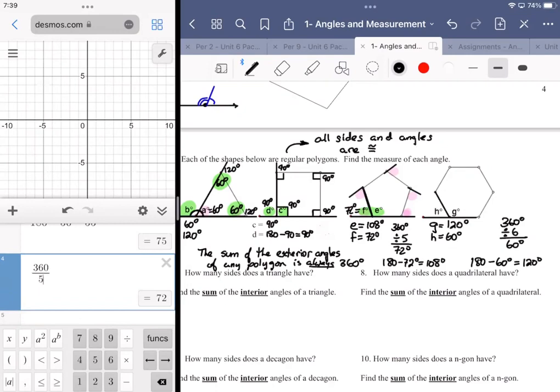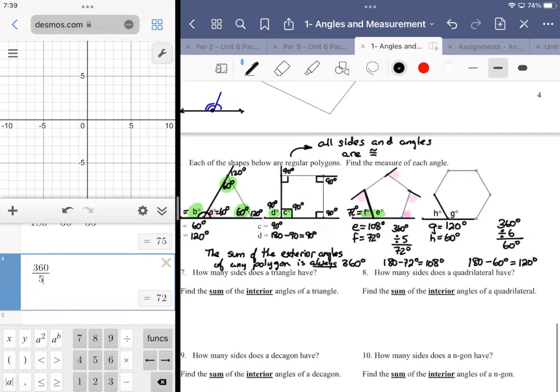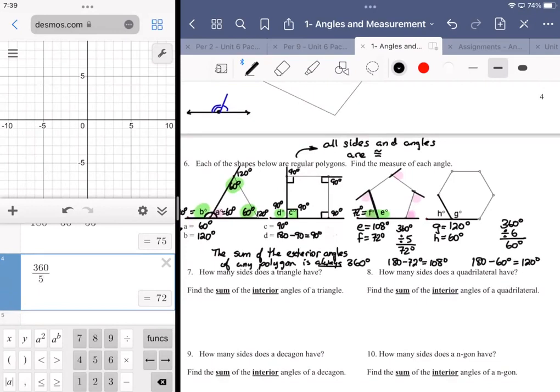Now, it's not much of a stretch to go a step further and use that to find the sum of the interior angles of a polygon. That's because you look at it and say, now that I know what each interior angle is, I just multiply it by the number of interior angles. Because if they're all the same, that's all I would have to do. So if I know that this is 108 degrees, I would multiply by 5, and that would give me the sum of the interior angles.